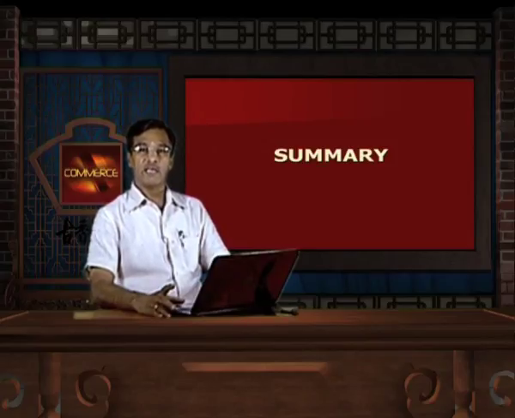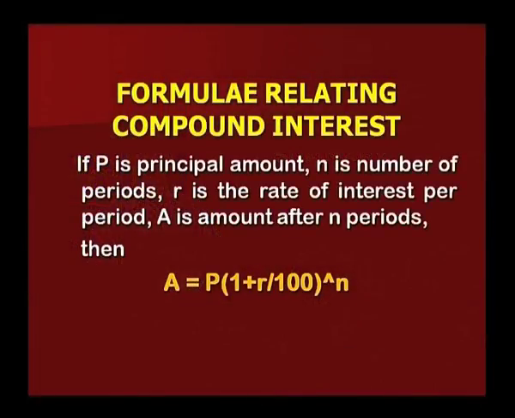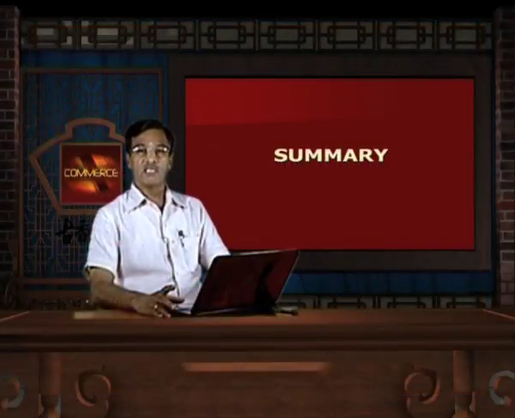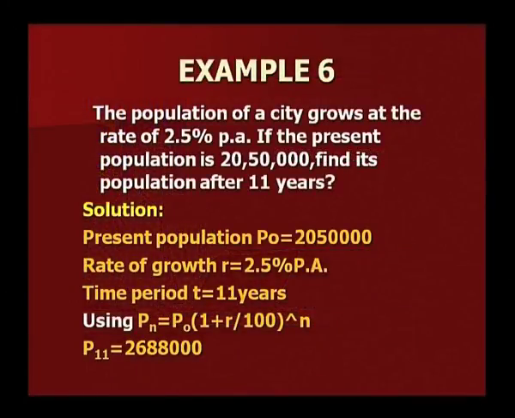So, we have calculated the compound interest in n number of periods by the formula A is equal to P 1 plus R upon 100 to the power n. We have also discussed population using the growth rate formula. Present population is calculated as initial population multiplied by 1 plus R upon 100 to the power n, where n is the number of periods and R is the rate of growth of population for a period.